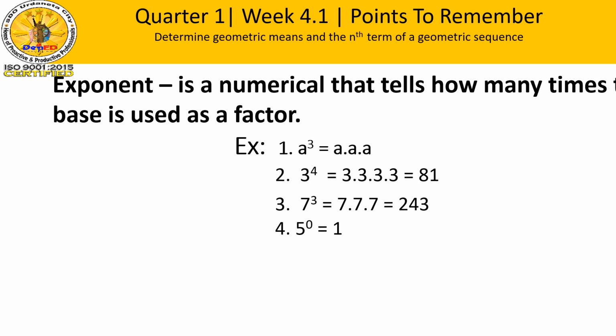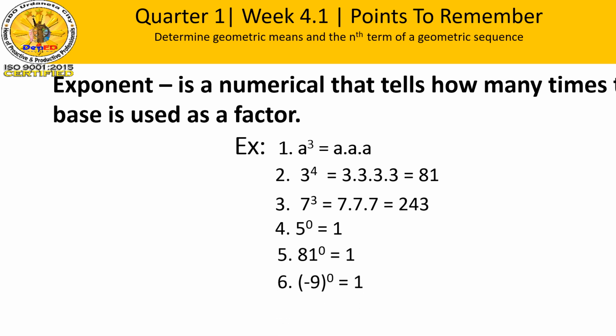Number 4, 5 raised to 0. We have the rule in the laws of exponents that any number raised to the 0 power is equal to 1. So 5 raised to 0 is equal to 1. Number 5, 81 raised to 0 is equal to 1.